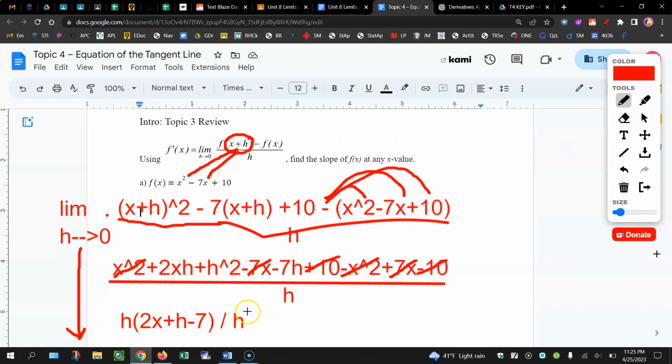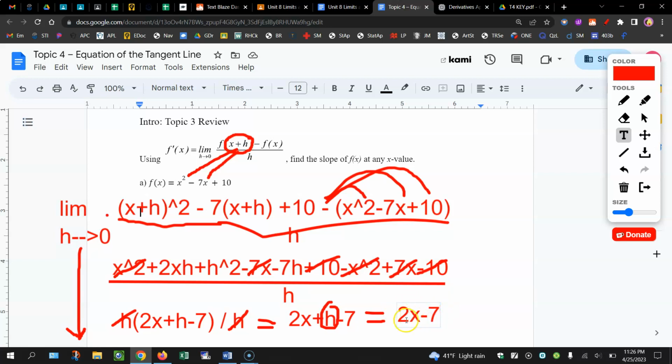Still want to plug in h is 0, but it would be undefined. Those will simplify out. So that's just going to leave you with 2x plus h minus 7. We can substitute in now this h for 0. And when we do that, we're just going to be left with 2x minus 7.